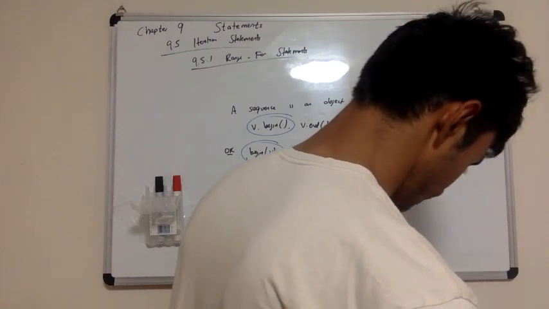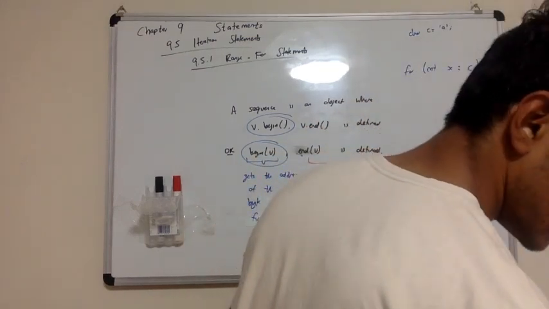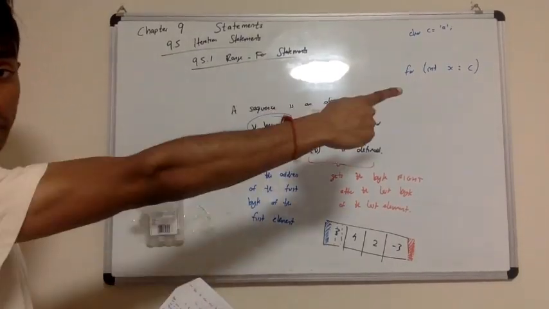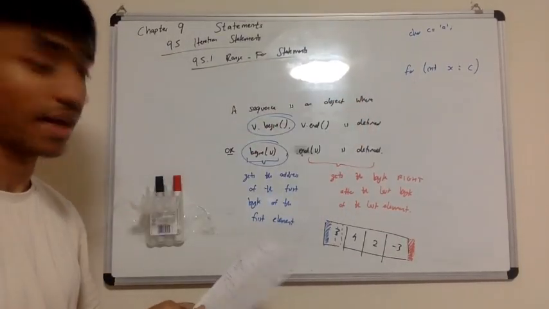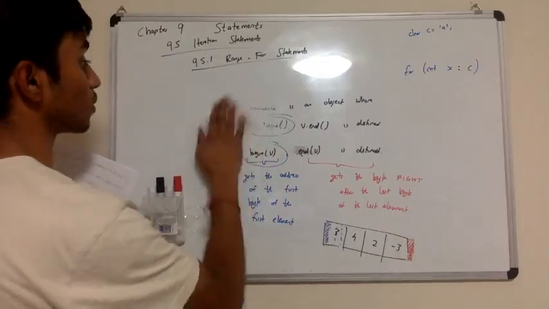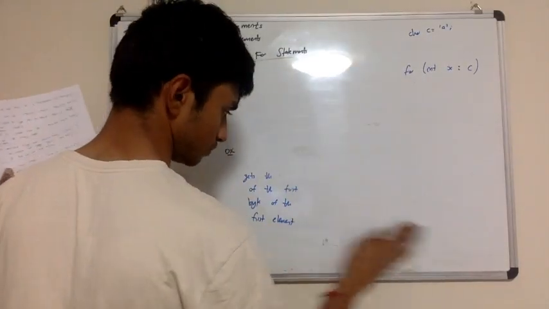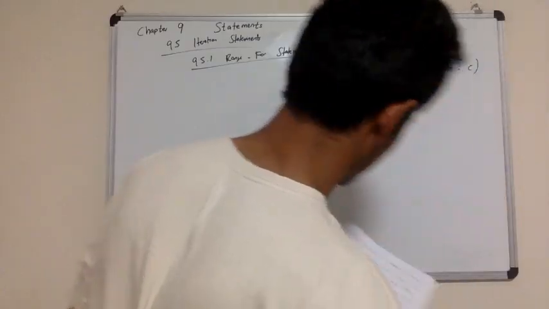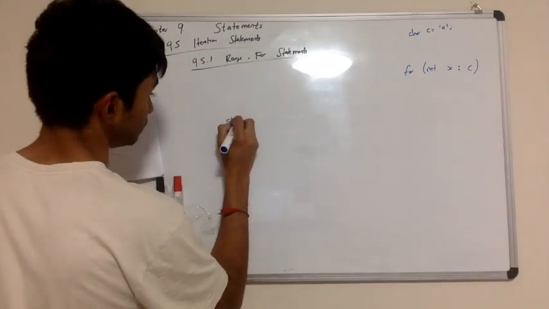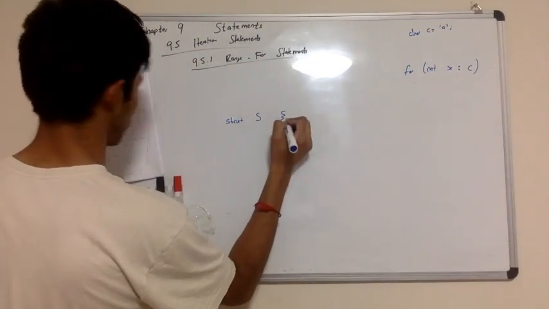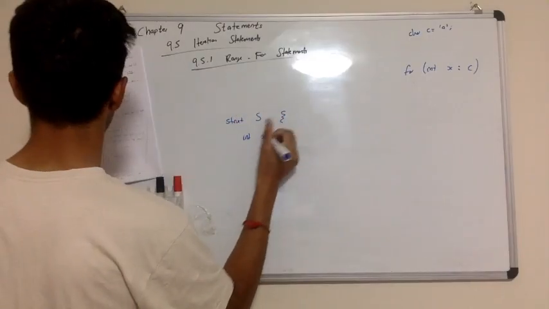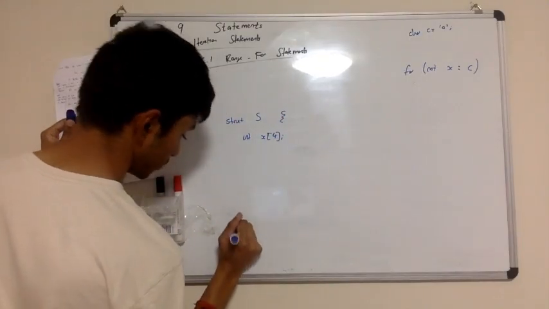The interesting thing, I have a full-on example. Like I said, with user-defined types, if you want to use a user-defined type in this context, you'd have to provide an implementation for begin and end. So what do I mean by that? Imagine I create a struct S, and its only member is an integer array of size 4. I'll do it like this for now.